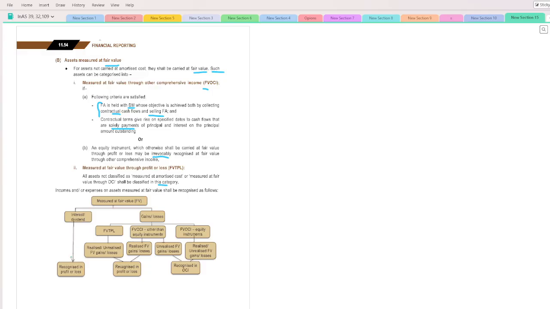Interest and dividends are recognized in profit or loss. Gains and losses under the FVTPL, realized and unrealized both, will go under the P&L. For FVOCI other than equity instruments, the realized one will go to the P&L and the unrealized will go to the OCI. For equity, both unrealized and realized will go under the OCI.